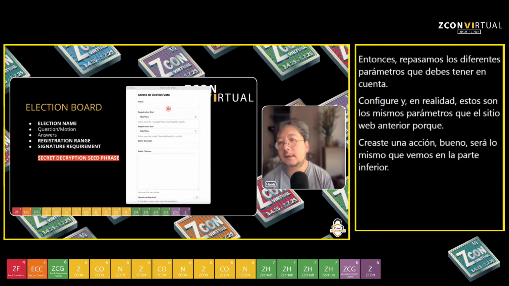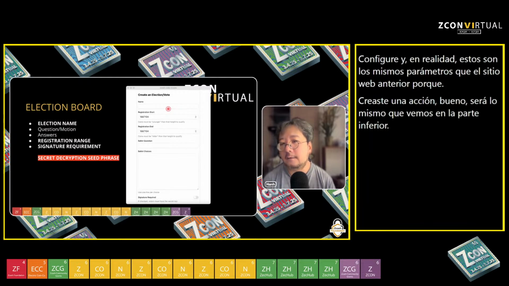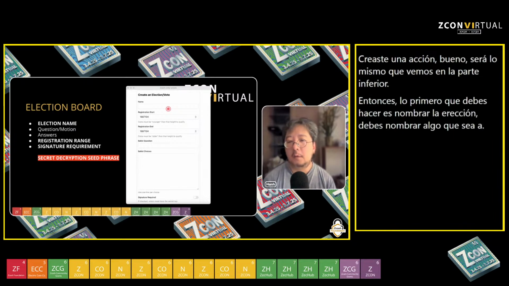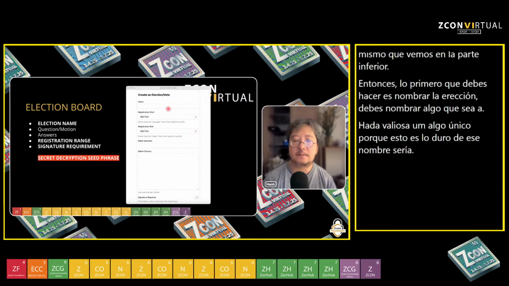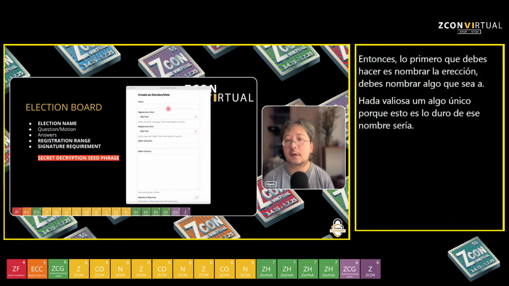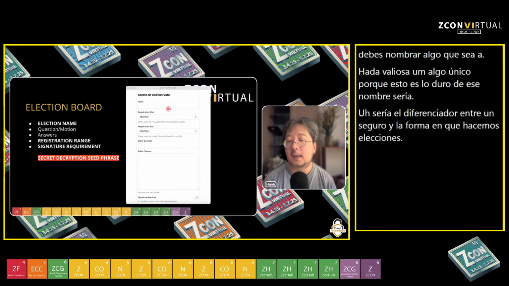The first thing is the election name. The election name should be fairly identifiable and unique, because the hash of that name is the distinguisher between elections. The way we make election ballots untraceable and unlinkable is by hashing them with this particular election name.